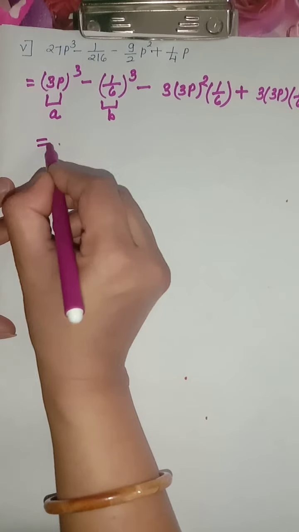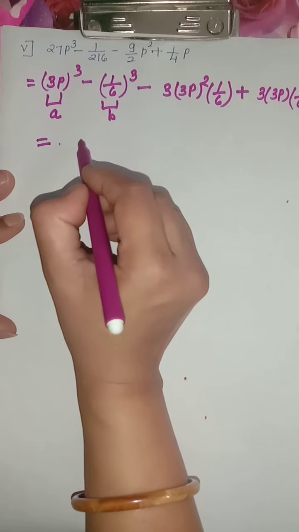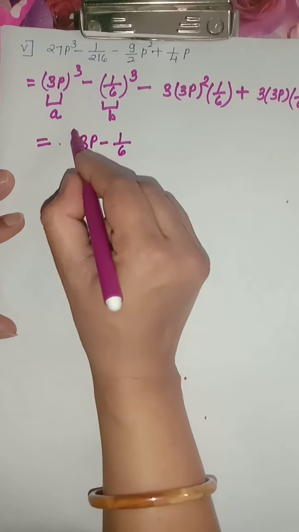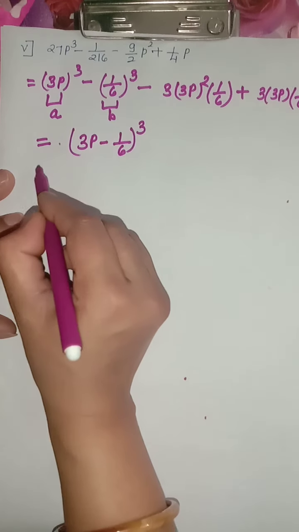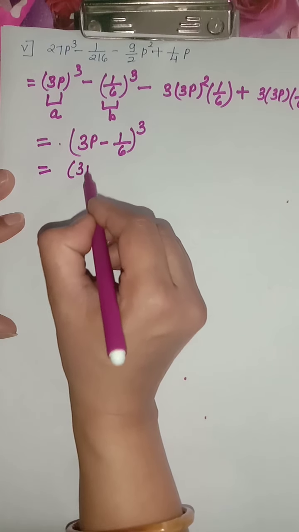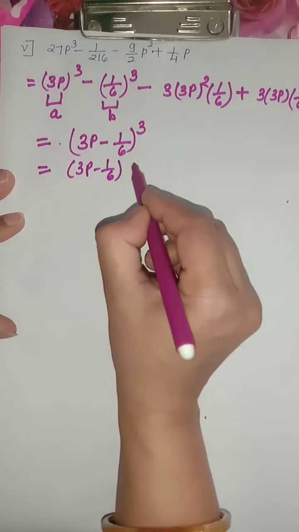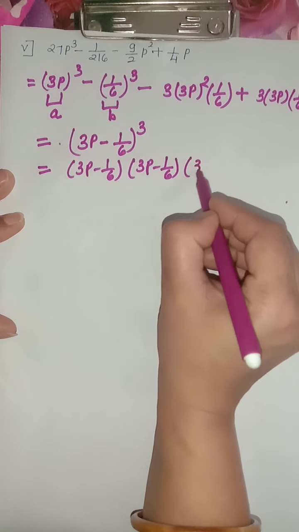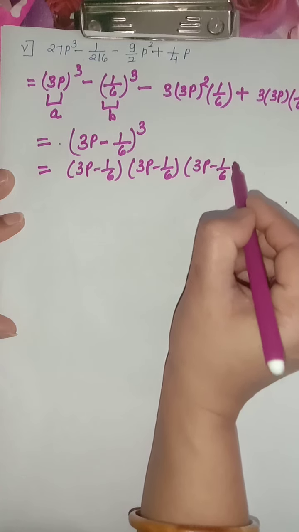So (a minus b) whole cube: a means 3p, b means 1 upon 6. Whole cube, and you can write it as 3p minus 1 upon 6, 3p minus 1 upon 6, 3p minus 1 upon 6.